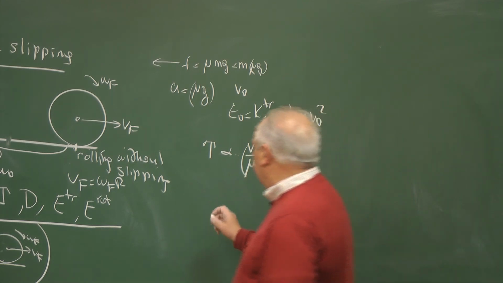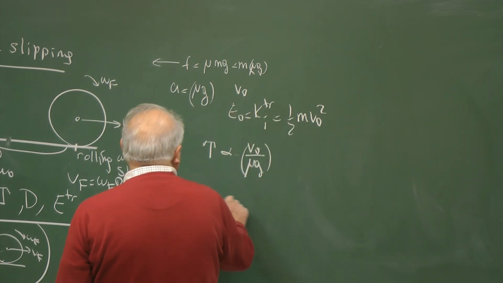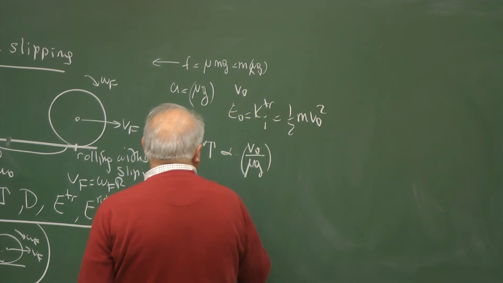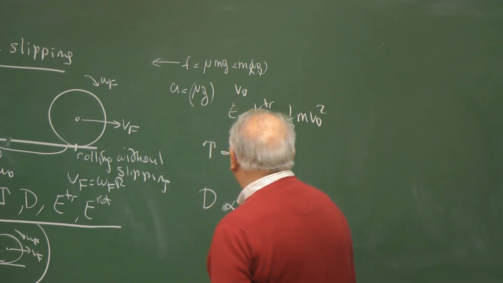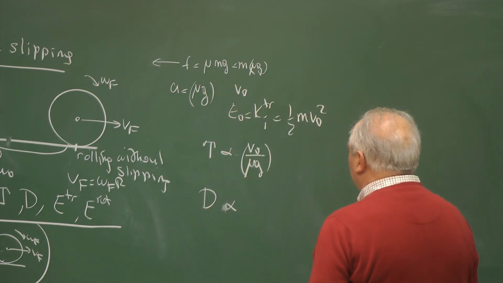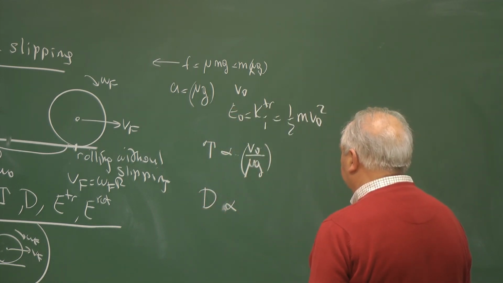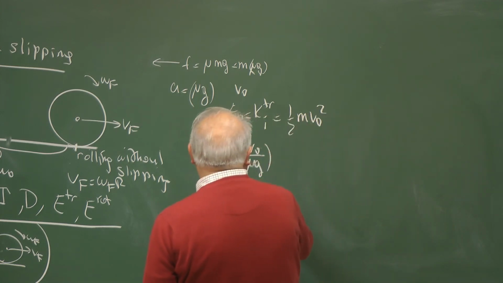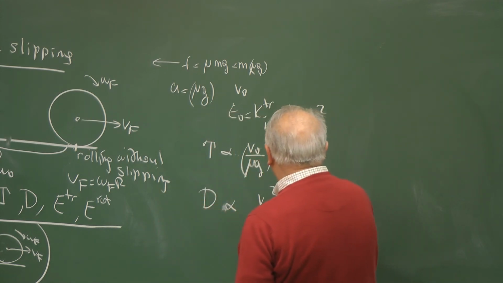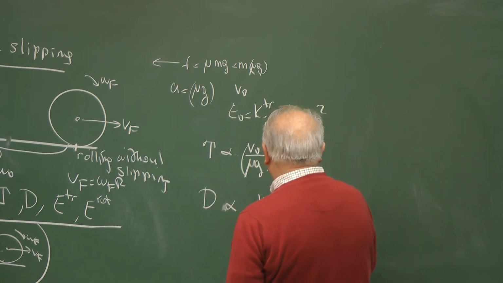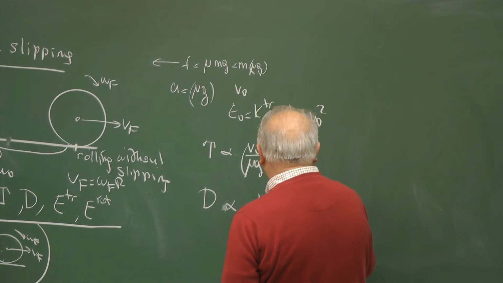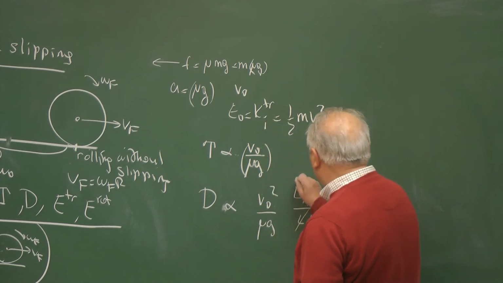And d, that's distance. So it will be v0 squared over mu g, because this is L squared over T squared divided by L over T squared. T squares cancel.